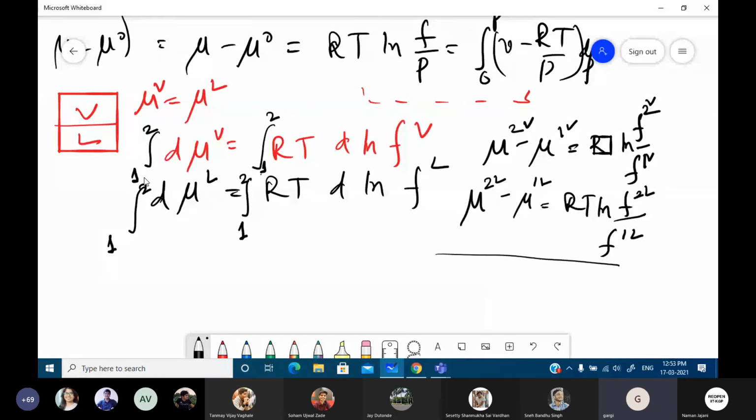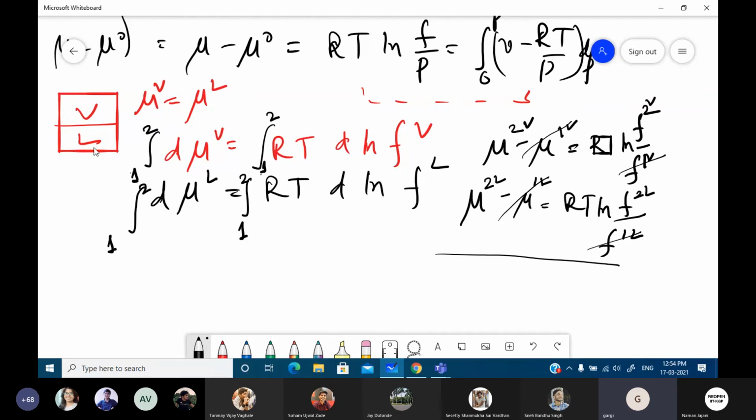Now what I had assumed is that the standard states for both are the same. If the standard states of both are the same, which means mu 1V and mu 1L are the same, right? Now remember one thing, standard state here and standard state here are the same. So it automatically implies that this and this are also equal.